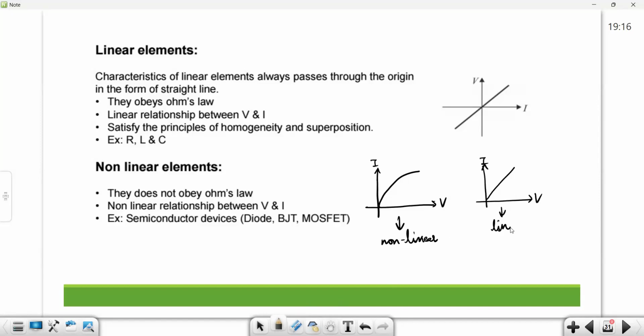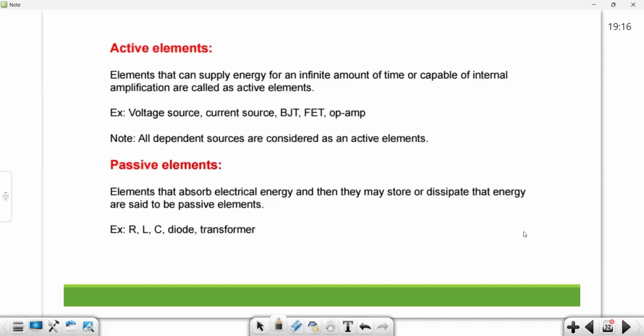This is a linear graph. These are the characteristics of linear and non-linear. Linear elements following Ohm's law we call ohmic elements. If not following, we call them non-ohmic elements. Then we'll see the difference between active and passive elements.